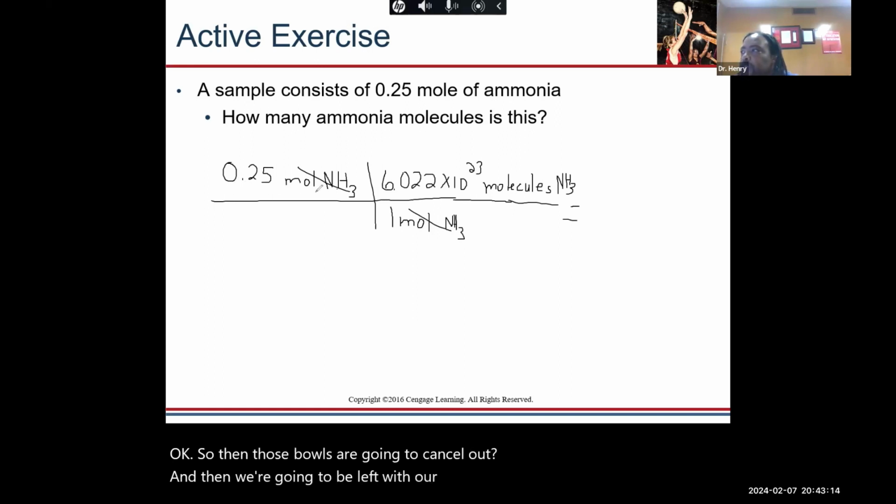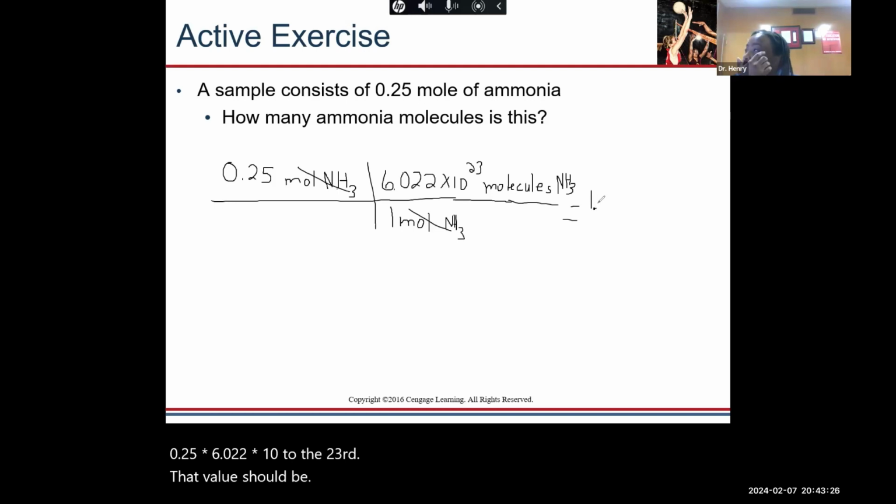And then we're going to be left with our value. So 0.25 times 6.022 times 10 to the 23rd. That value should be what? And how many sig figs should we have? So it's 1.5 times 10 to the 23rd.